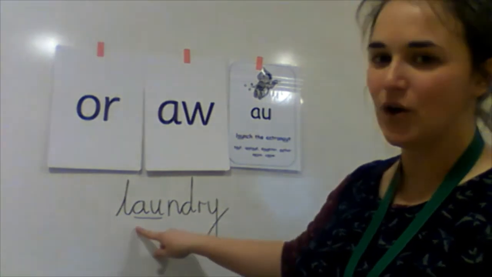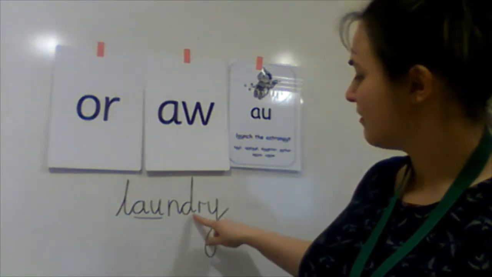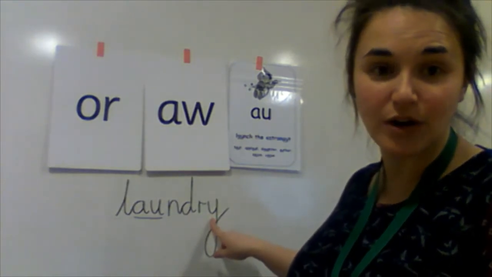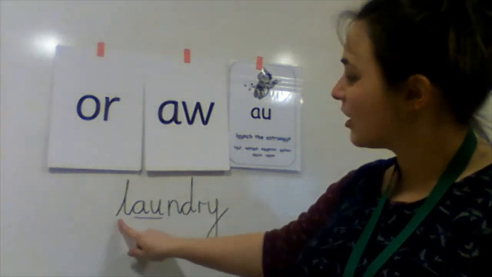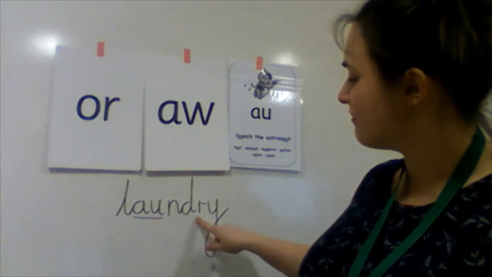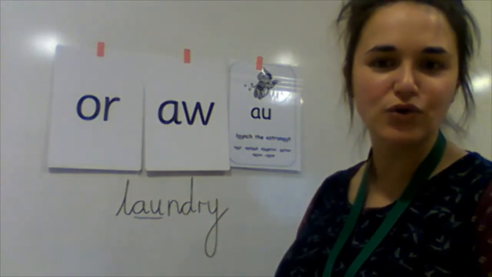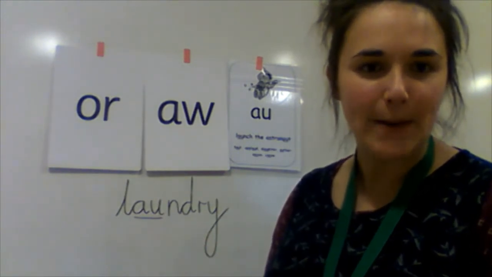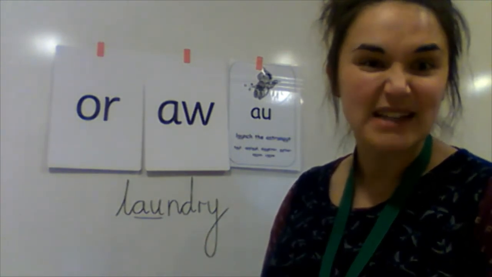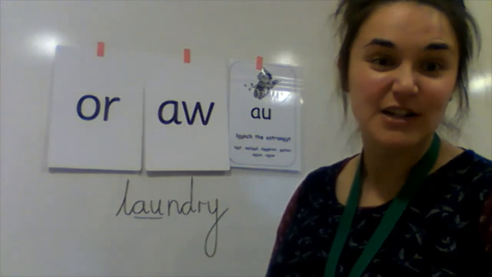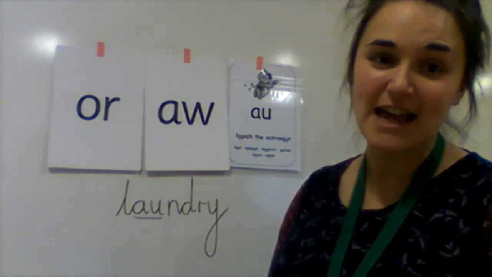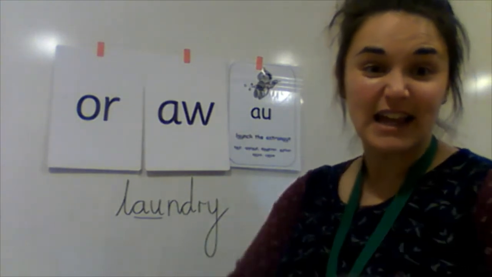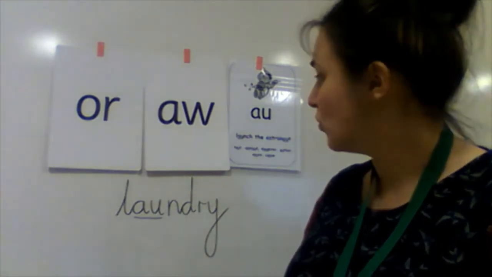L-aw-n-d, E. We know the Y sound at the end of a word can be an E. Laundry. Laundry. What is laundry? What does that word mean? It's another word for washing. So I'm doing the laundry today, or I'm washing my clothes today. It's the same thing, washing and laundry.